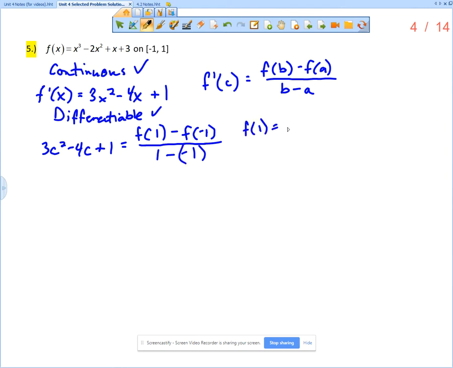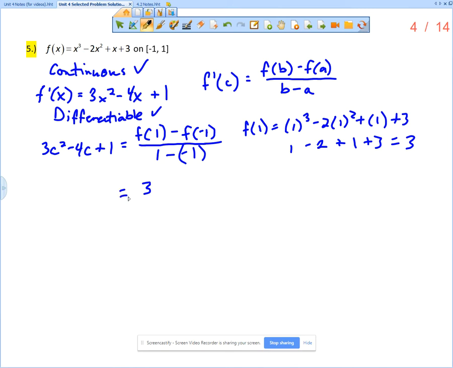Now we need to evaluate f of 1. f of 1 is 1 cubed minus 2 times 1 squared plus 1 plus 3, so that would be 1 minus 2 plus 1 plus 3. 1 minus 2 is -1, plus 1 is 0, plus 3 is 3. So f of 1 is 3.